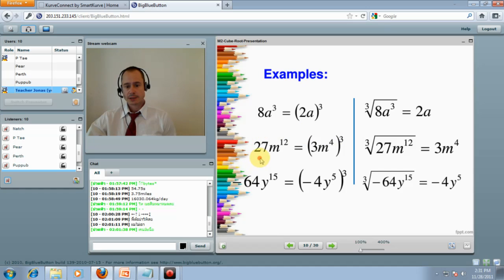And the next one here: 27 is 3 raised to the power of 3, and m to the 12 is m to the 4 raised to the power of 3. That means the cube root of this expression is equal to this.